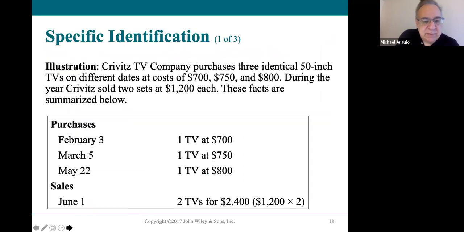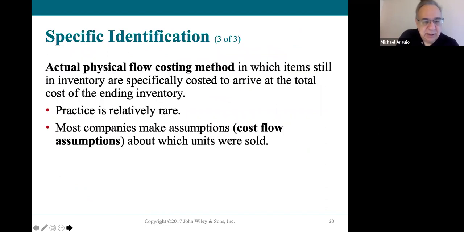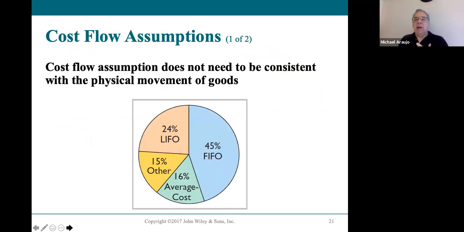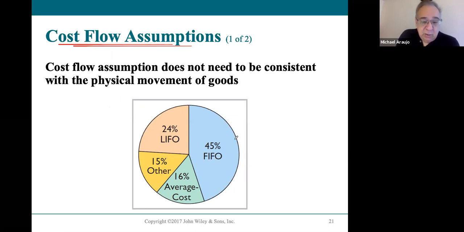So the first thing you don't have to know is specific identification, which is a legitimate method that's being used, but it is not something that's common, and we don't cover it here. You will get it in an intermediate accounting class and beyond, but here it's not really necessary. So what type of cost flow assumptions do merchandising companies use? Well, the winner is clear. The winner is FIFO.